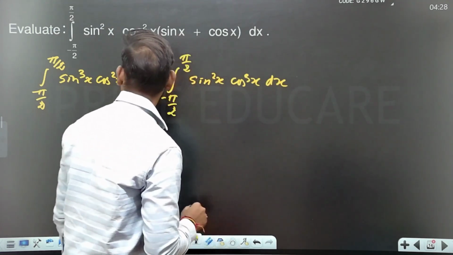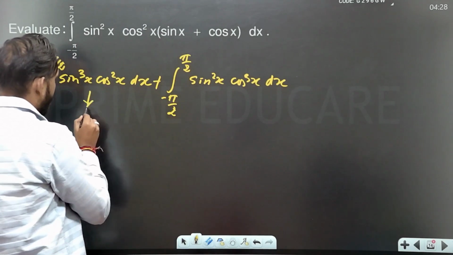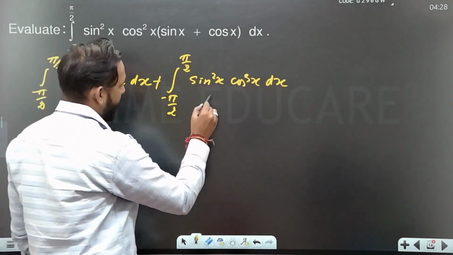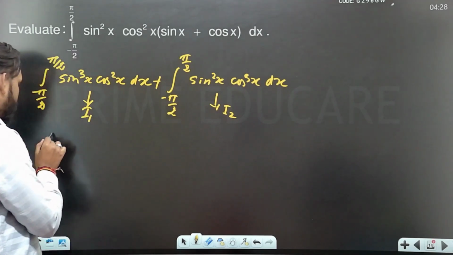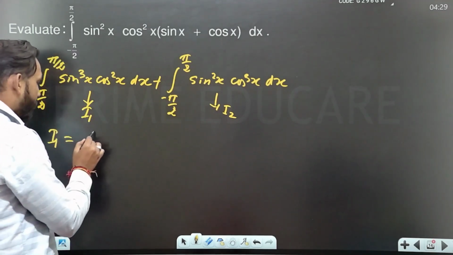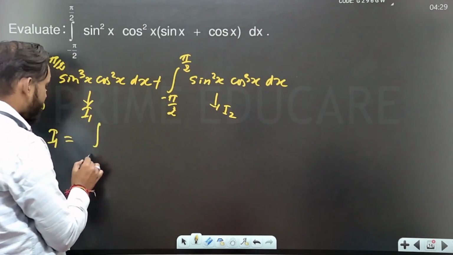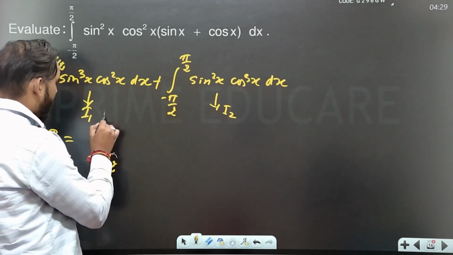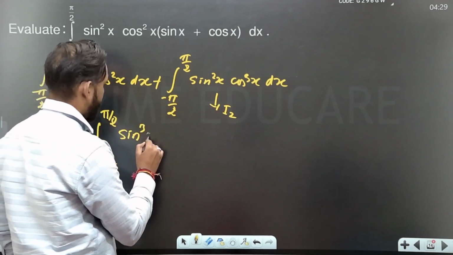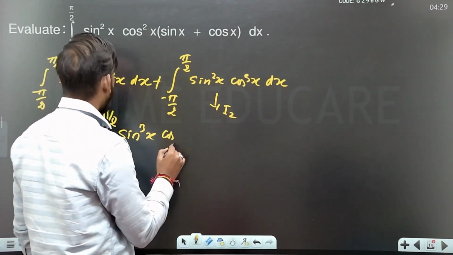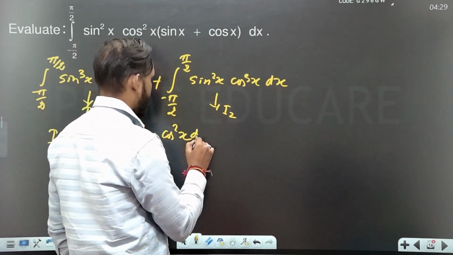Okay, and if we write this integral as I1 and this integral as I2, first of all we find out I1. And what is I1? I1 is the integral from minus pi by 2 to pi by 2 of sine cube x cos square x dx.